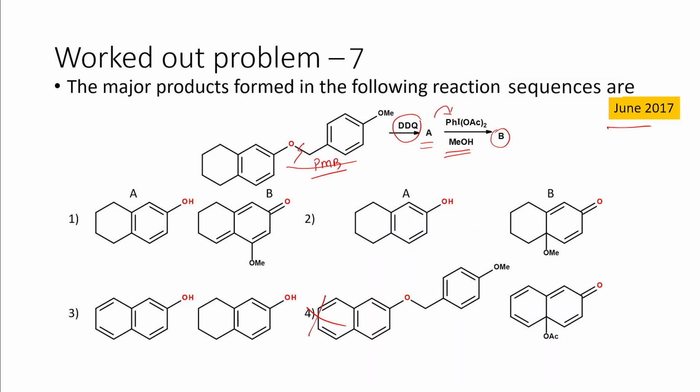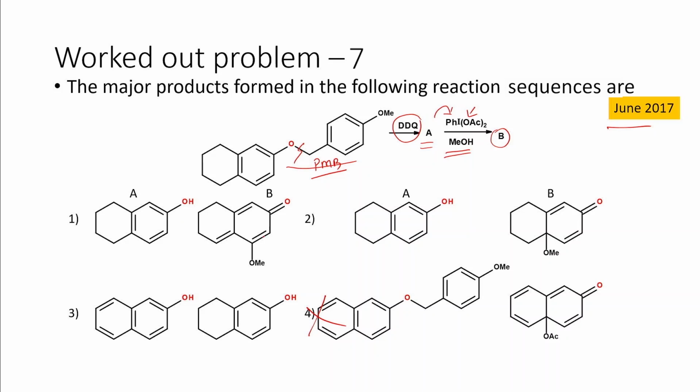Now what is going to be the next step? We are going to see the reaction with PhI(OAc)2, that is phenyl iodine diacetate, which is going to convert the corresponding alcohol to some other product.